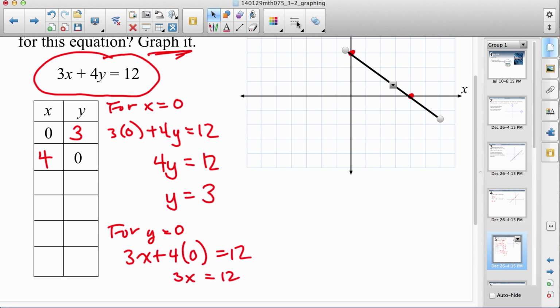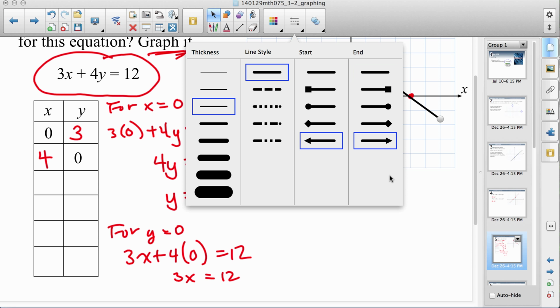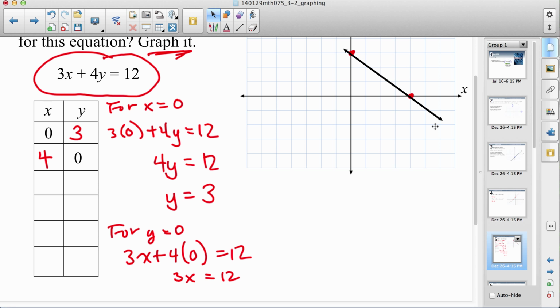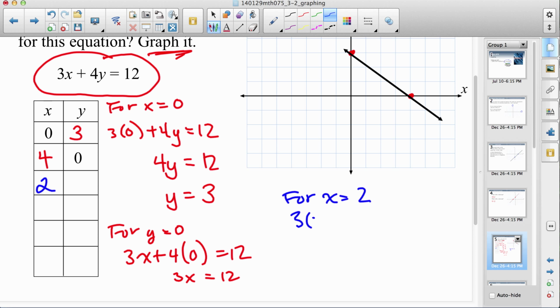Okay, now it might be a nice idea for us to get another point just to confirm that what we're doing is right. I could try a 1 in there maybe, or a 2. Why don't we try 2? I'm hoping that'll come out even. So for x equal to 2, what does y come out to be? 3 times 2 plus 4y equals 12. 3 2s are 6, plus 4y equals 12.